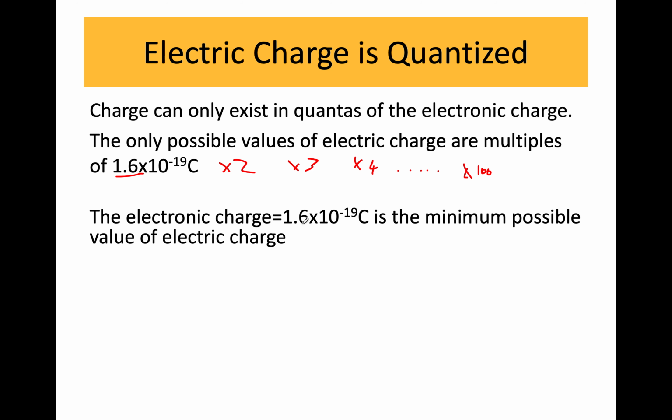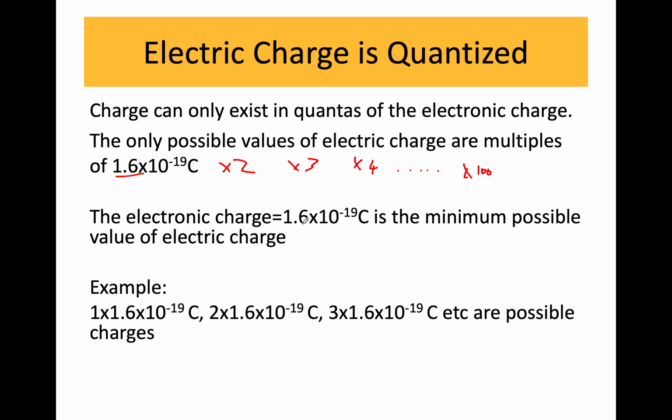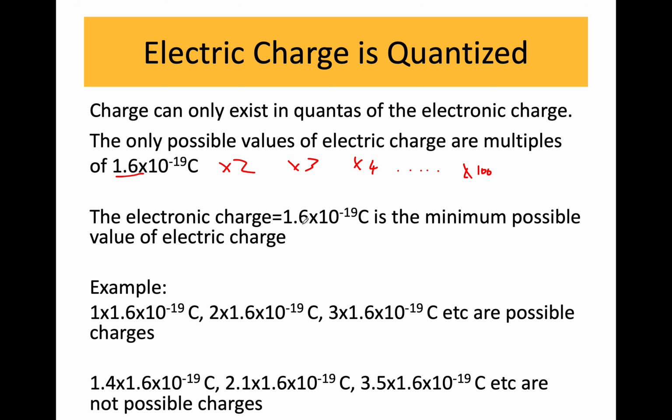Not less, so you can't have a number in between. You can't have 2.1 or 2.2, because 2 electrons is double of 1.6, which is 3.2. So 1.6, 2 times 1.6, 3 times 1.6, all things are fine, but random other numbers are not fine.